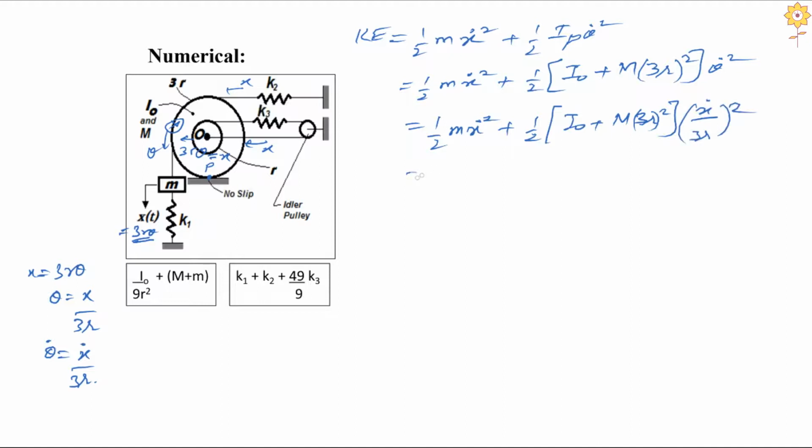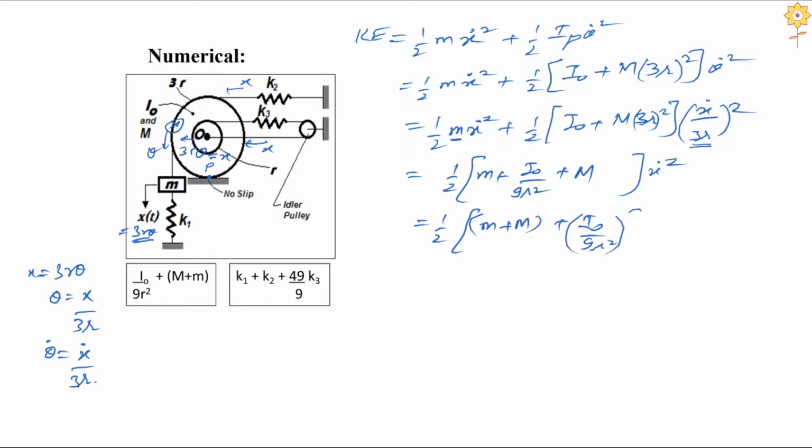Then you can write this as half into something of x dot squared, where you combine m for this one, plus, in this case, 9r squared, and if I take it inside I have I naught upon 9r squared, plus 9r squared over here and 9r squared over here will cancel out, it will be capital M. So this should be half times capital M plus small m plus I naught upon 9r squared into x dot squared.